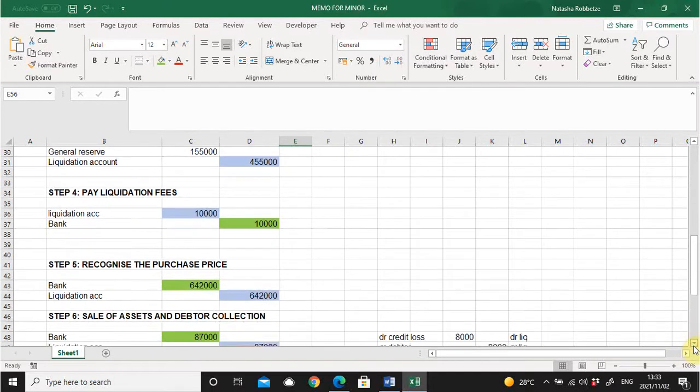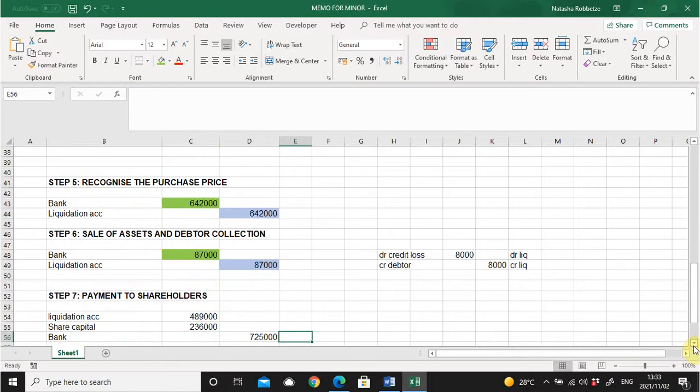Then I have to look at the purchase price where I debit, so I increase it by 642,000. And I also need to go and add step 6, 87,000. And I then get to this 725.